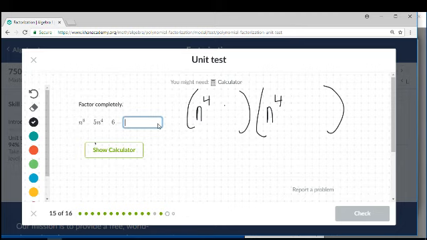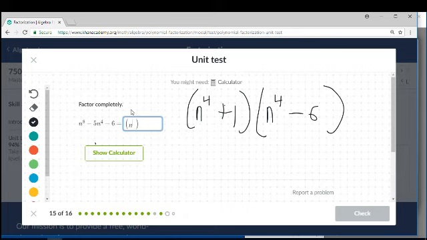In order to make that negative 5 work, we'll have to have negative 6 and positive 1. And that should make it n to the 4th plus 1 and n to the 4th minus 6.